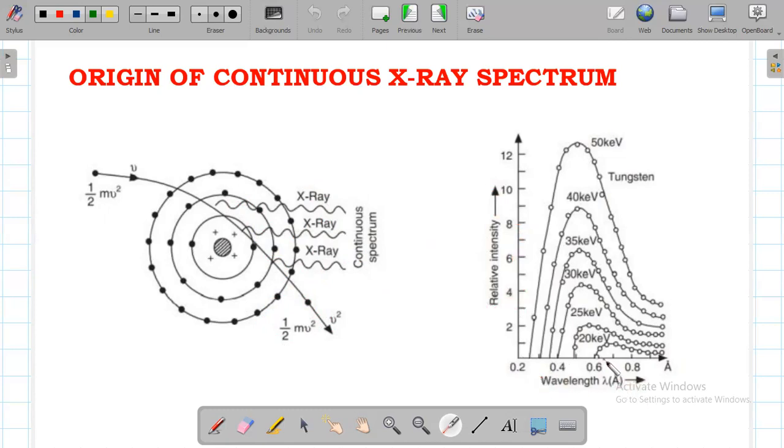That is, by increasing energy, this graph's peak point shifts towards a lower wavelength. This is about the continuous X-ray.